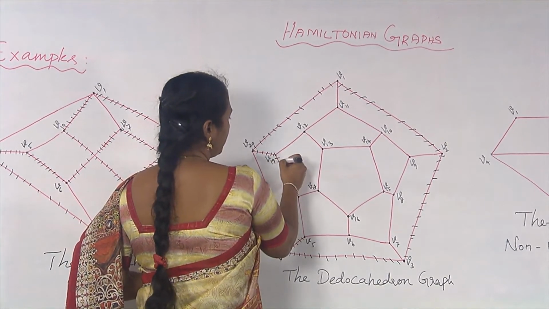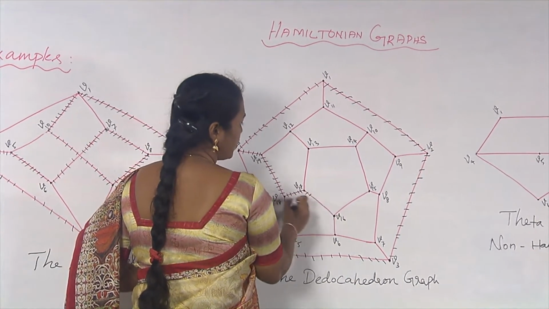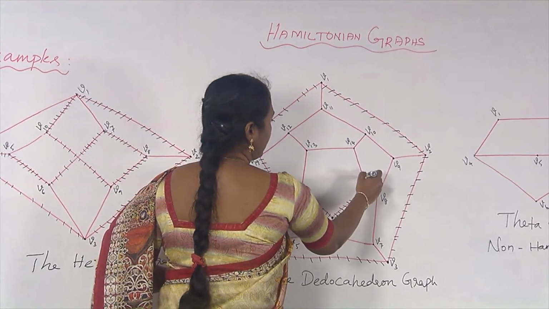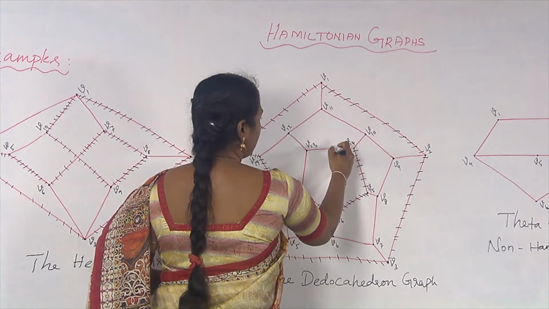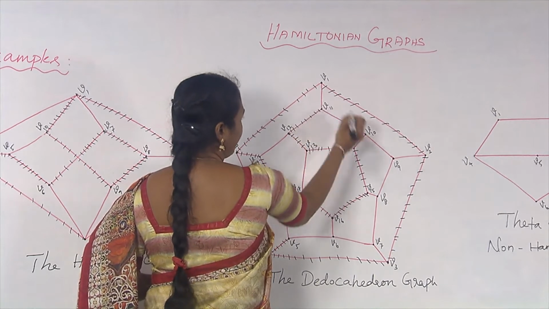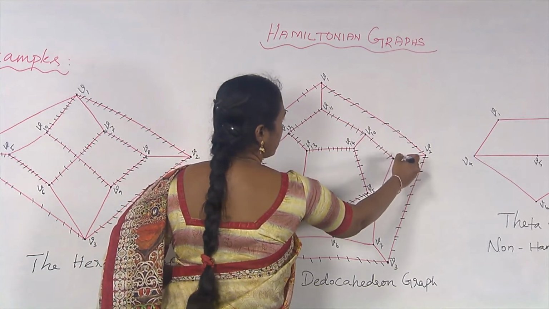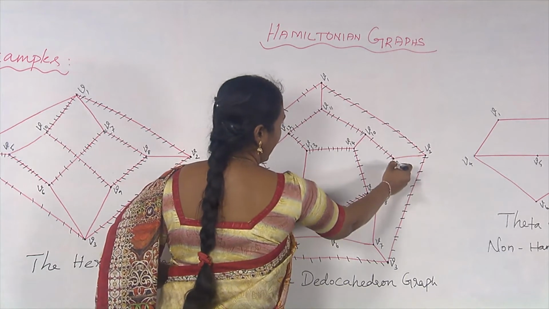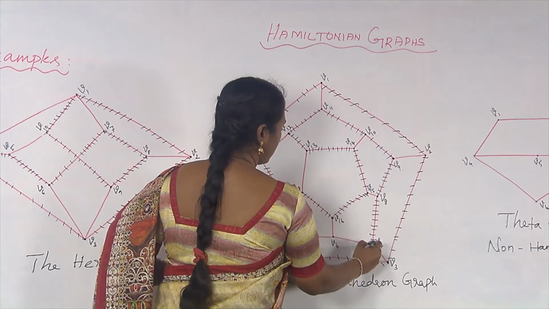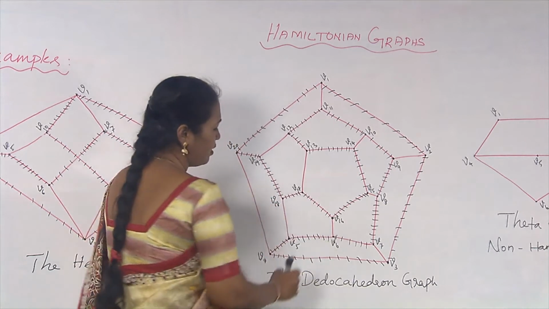From V19 I am going to V18, then to V17 and then downwards to V16, then to V15, then V14, then V13, then I am going to V12, then I am going to V11, then V10, V9, V8, V7, V6, and finally you are stopping at the starting point itself, which is V5.